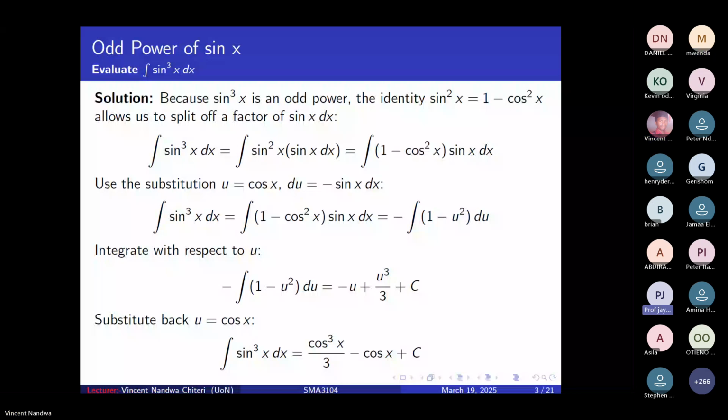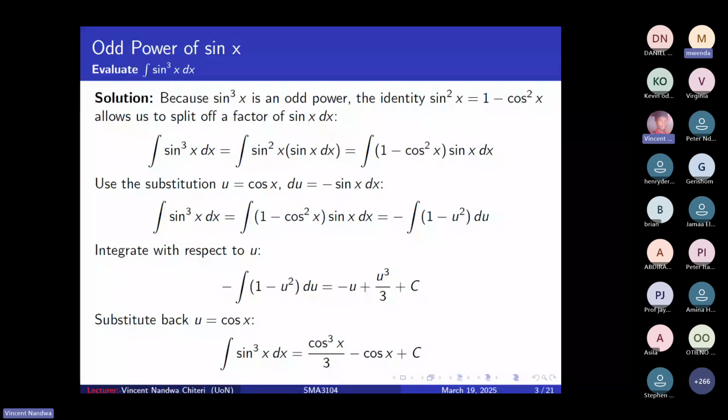Slide number 3. Yes, we can see now. Okay, we need to be on the same page. So I'm at page 3 of 21. Is everyone at page 3, or are there people who are still on page 1? Okay, now page 3, yes, we are there.